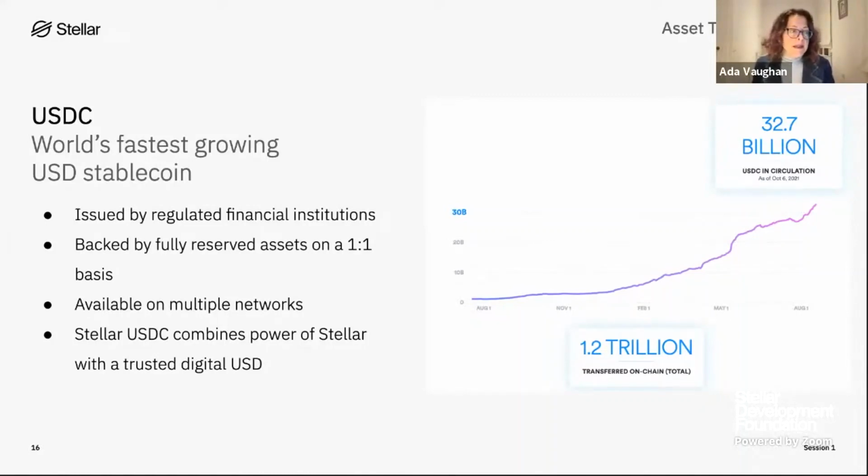It has transferred on chain over $1 trillion in a year, basically. And so there's a lot of movement of USDC. It's super useful as a way of moving value without losing value because it's always stable. It's a stablecoin. And the USDC in circulation has been growing all the time. As I said, I think it's over 40 billion.